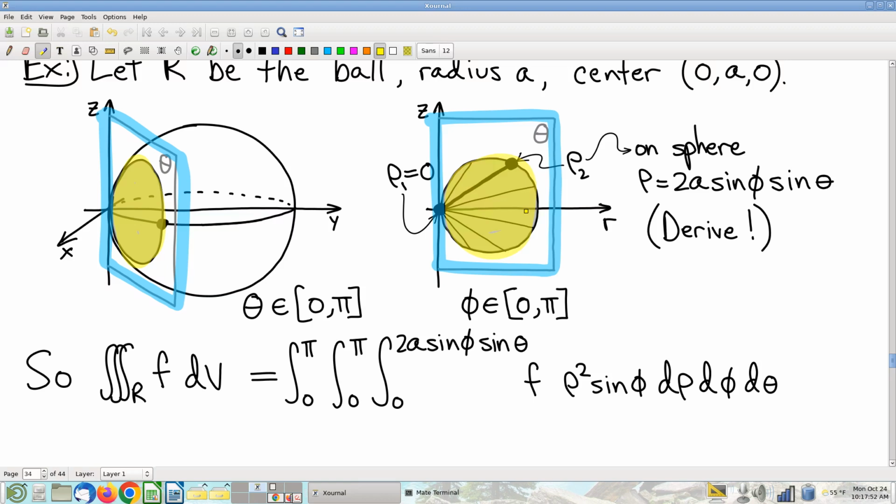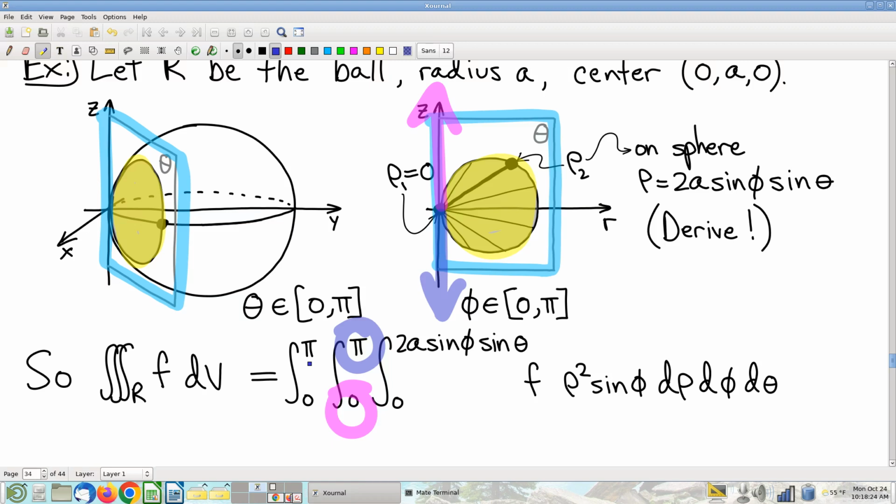So that being a disc and the sphere having been tangent to the z-axis at the origin, the phi slices, kind of like this, the first one is going to be straight up, where phi equals 0. The last one is going to be straight down, phi equals pi. Everybody see that from the picture?